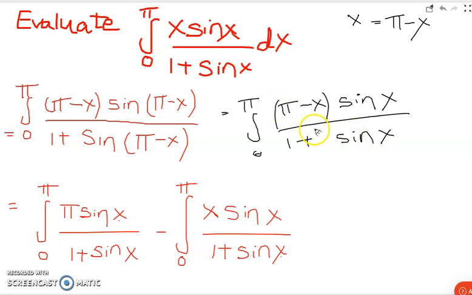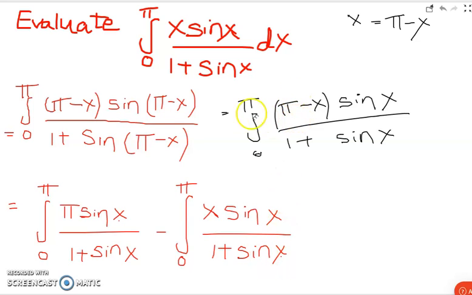Now because the problem is big, I have written some steps beforehand. The integral from 0 to pi of pi sin x by 1 plus sin x minus x sin x by 1 plus sin x.